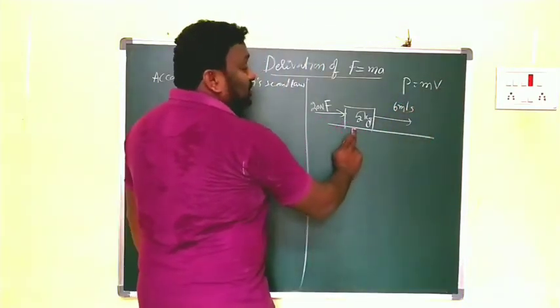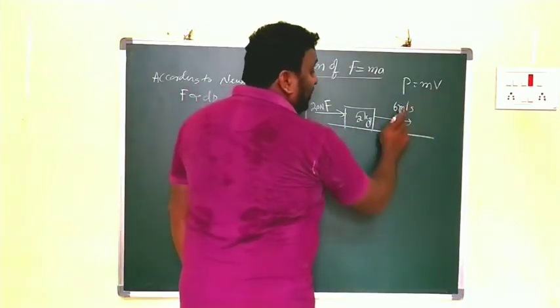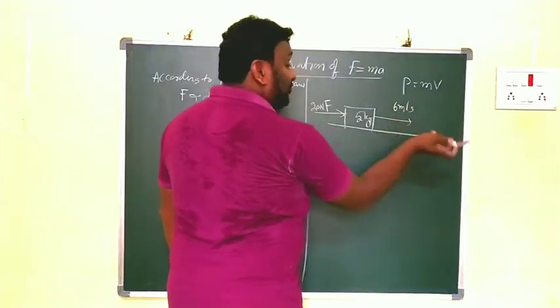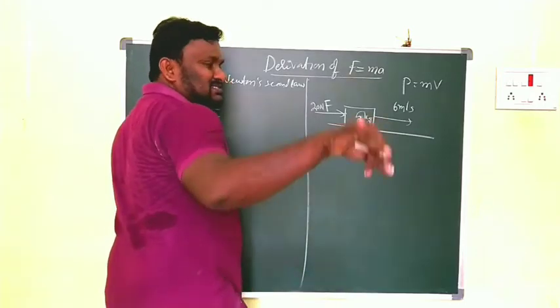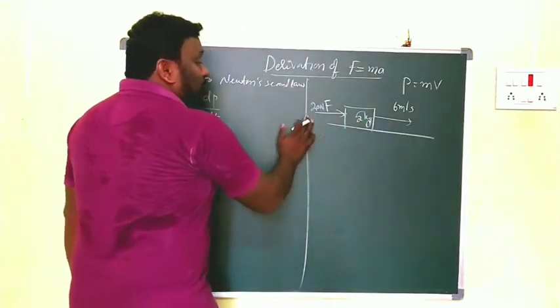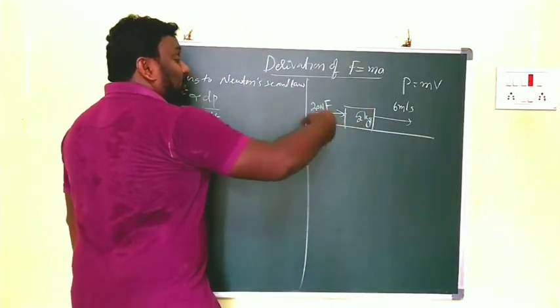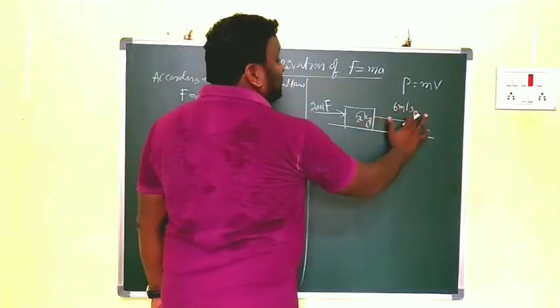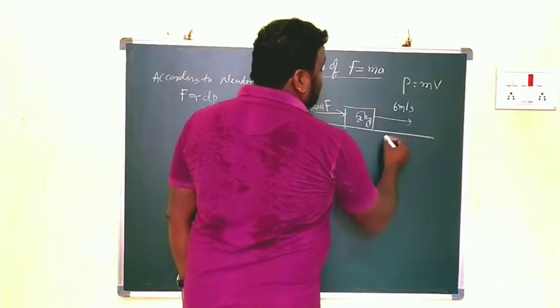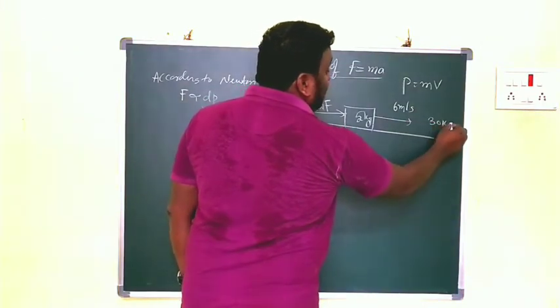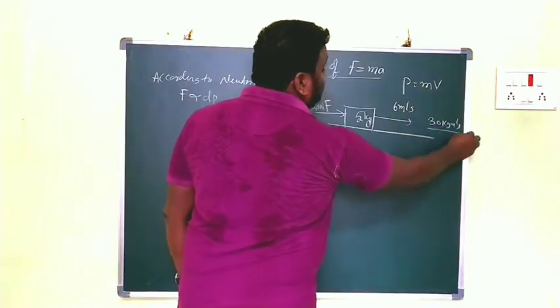Mass is 5 kg, velocity is 6 meter per second. So 5 into 6, 30 kg meter per second. That is the momentum.